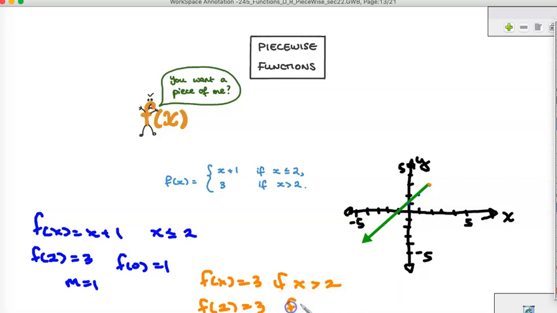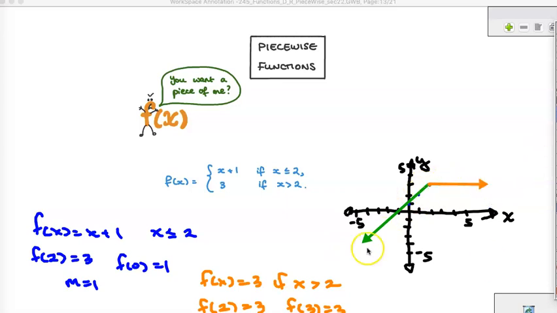Then if you choose x to be 3, you're also going to get 3. So you're going to get that point there, and when you connect those 2 points, you're going to get a line here.